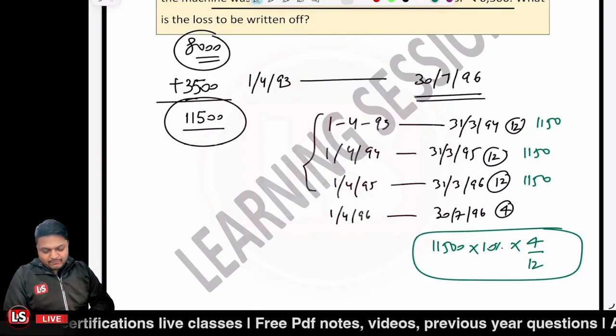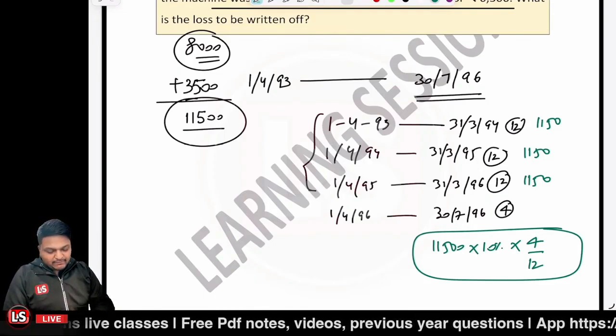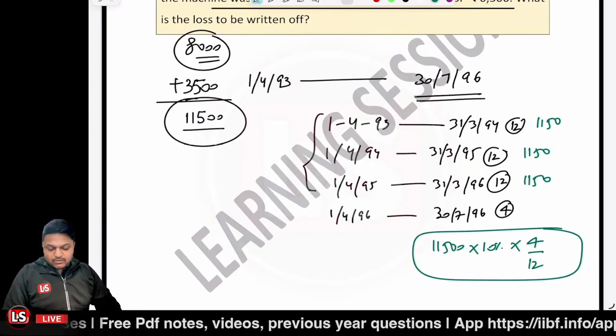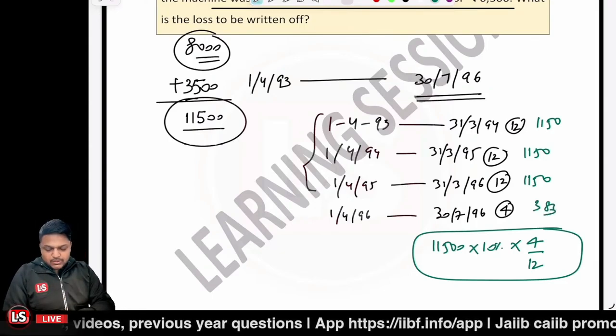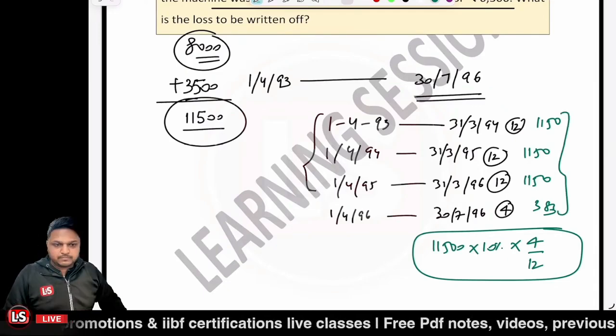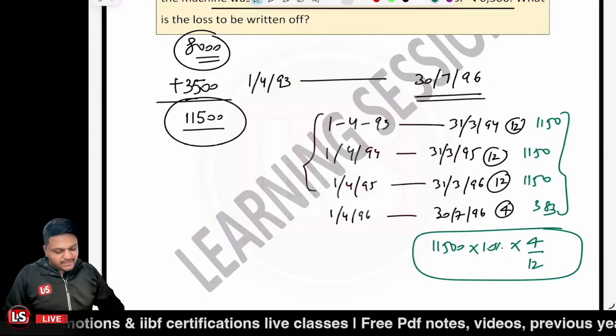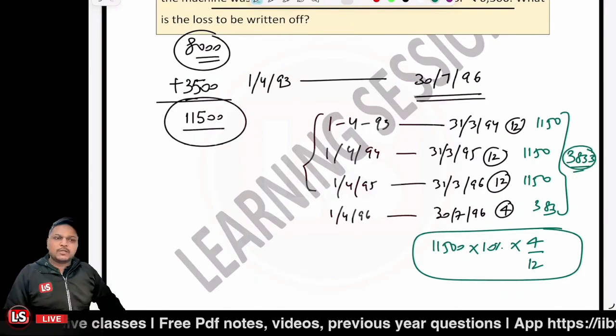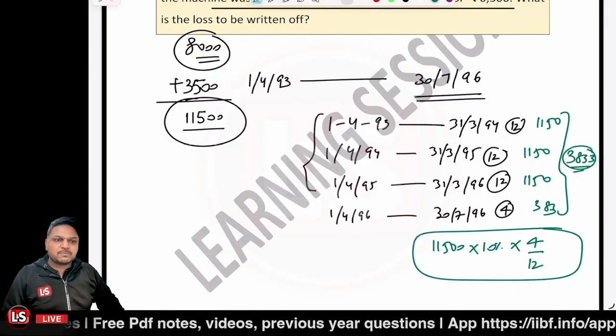So 1150 multiplied by 4 divided by 12, that is 383 rupees. So the total depreciation would be 3833. This will be the total depreciation for this period, right?